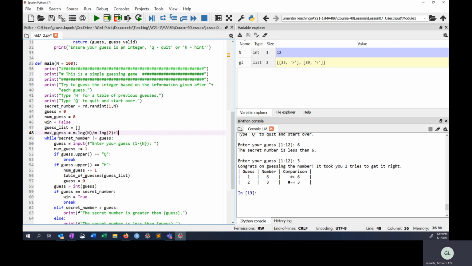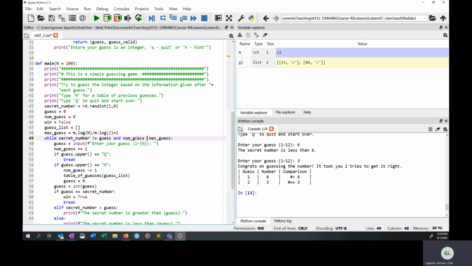So again, this is just going to be some float, and what that lets us do is come in here and go, okay, well, if my secret number is not equal to guess and num guess is greater than max guess, then I want to get out of this as well.